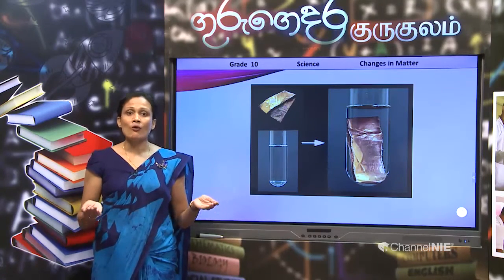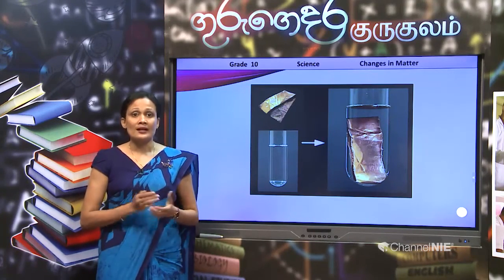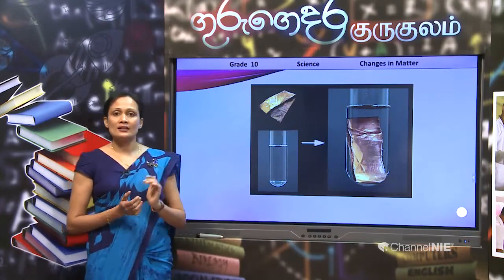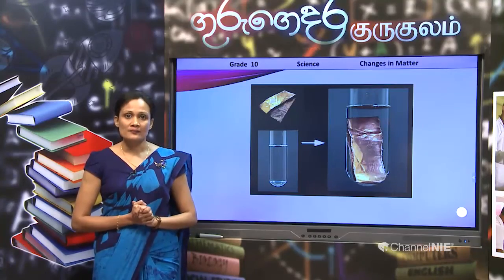But there is no observable change. That means copper does not react with zinc sulfate. In the same manner, some metals do not react with the salt of other metals. The reason is their reactivity.